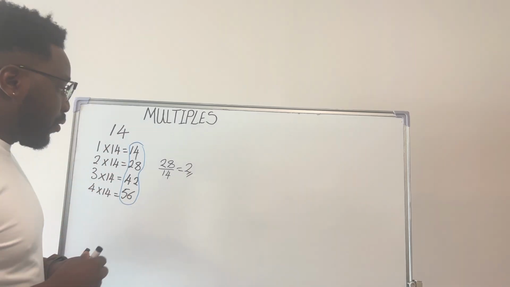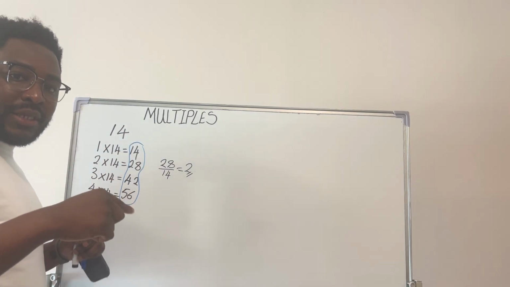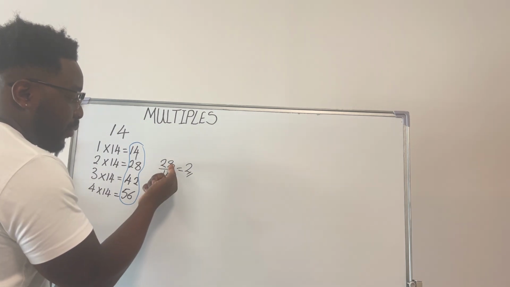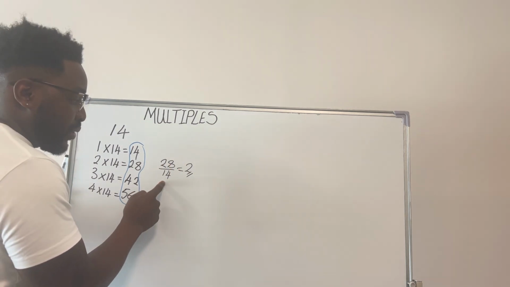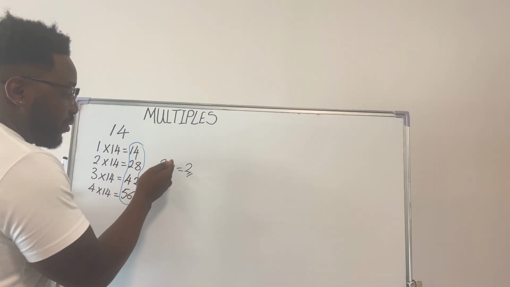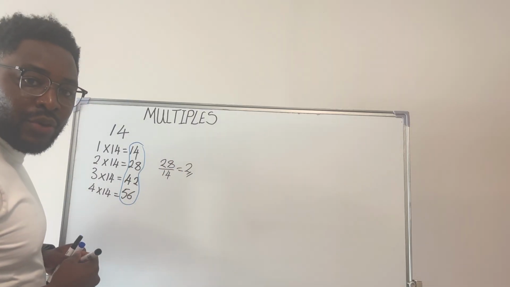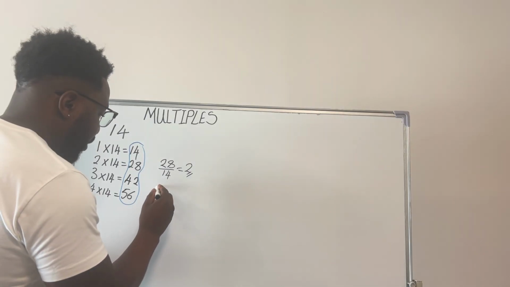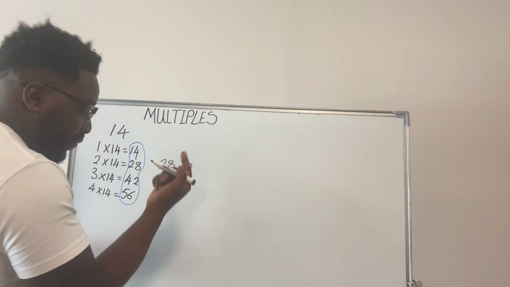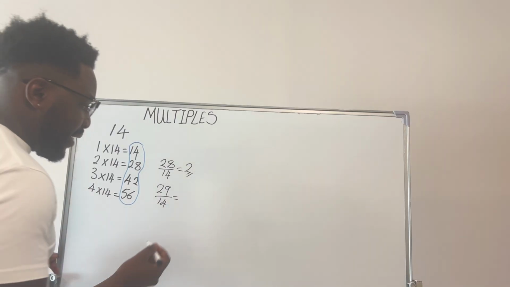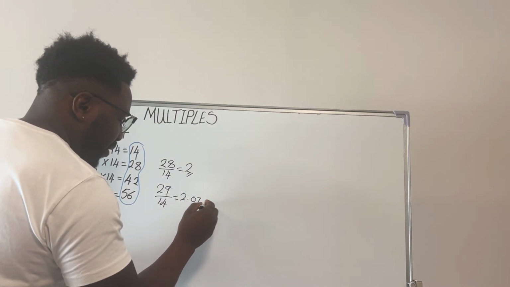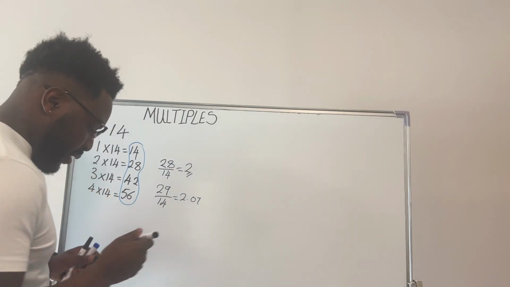So let's put that into practice. We've already put the first part into practice. We now know that 28 is a multiple of 14, because it is divisible by 14. If we divide 14 into 28, it gives us 2. So how about we try 29? Let's divide 14 into 29. What does that give us? About 2.071, and the numbers keep going.